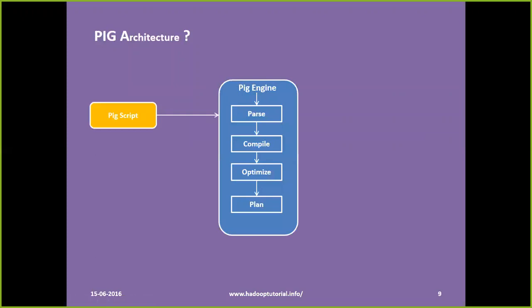So the Pig engine or the Pig driver will have mainly 4 components. Okay, this is a very simple architecture. And if you understood this architecture, your Hive is more or less similar to this. Okay. So once you submit the Pig script, it will be directed to the Pig engine.